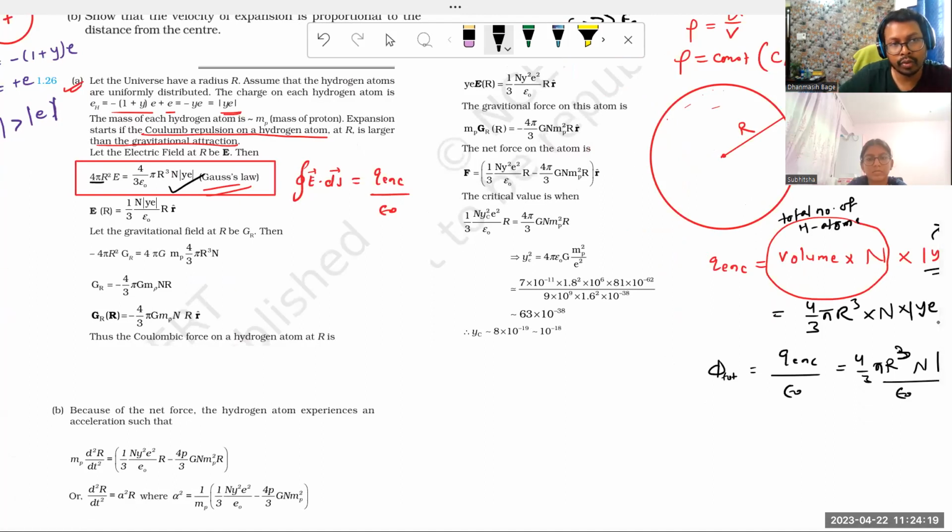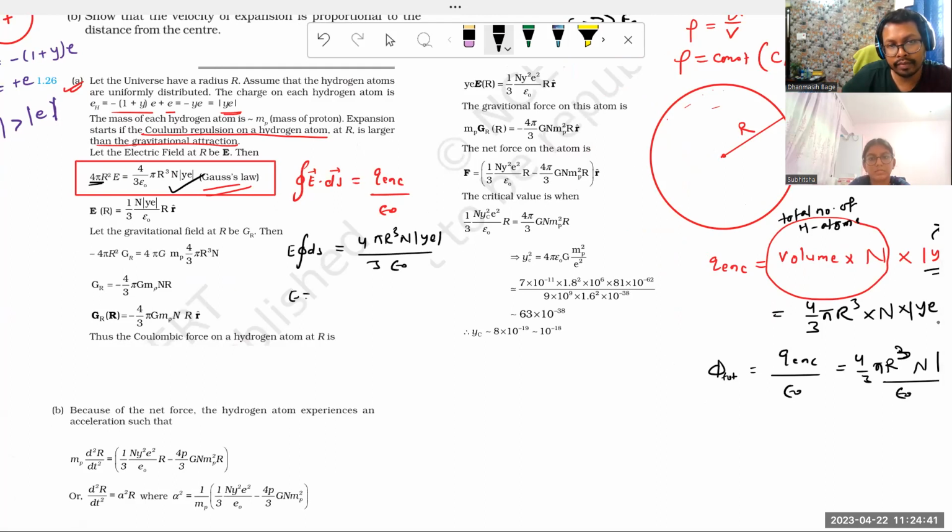And here, the total surface area, E is constant at R position. So E ds is equal to 4 pi r cube n e divided by 3 epsilon naught.